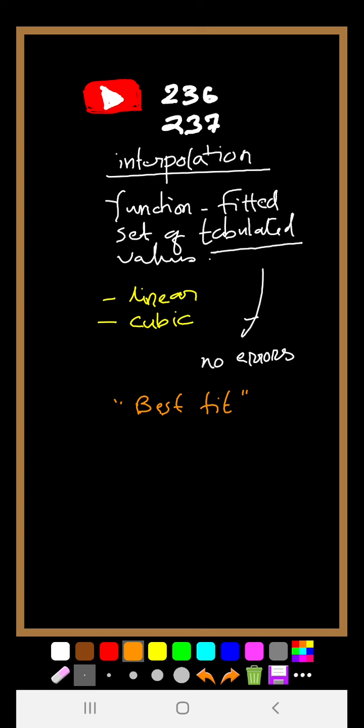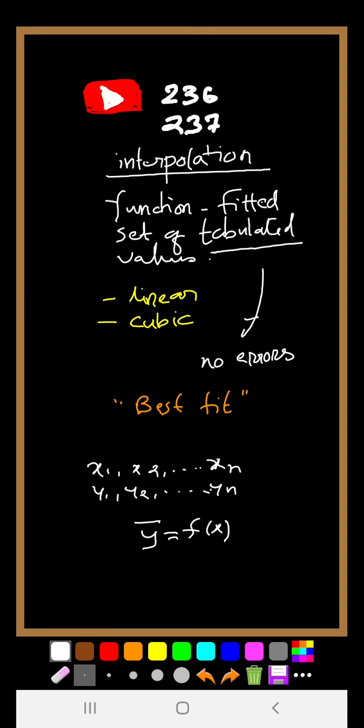Now, suppose we have x1, x2, dot dot, xn. These are the values of an independent variable, and correspondingly y1, y2, yn are the values of a dependent variable. So we have y bar, which is a function of x, f(x), and we assume that this is an approximate function.